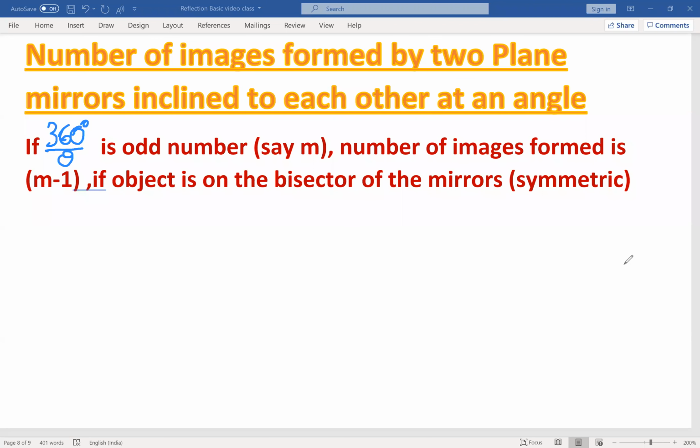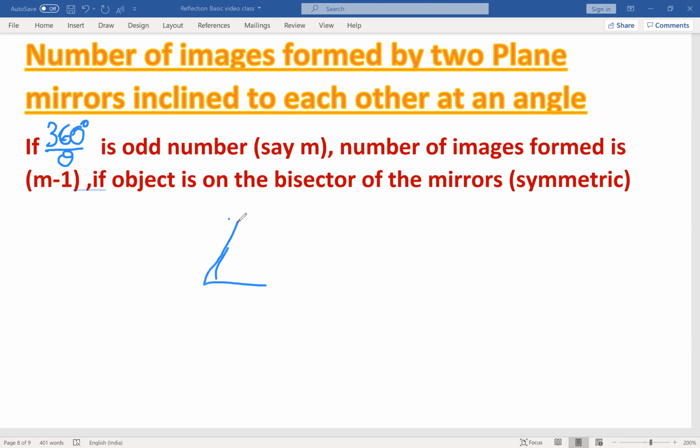In this case, if 360 by theta is an odd number, but the object is on the bisector of the mirrors, see, let me go with the diagram.